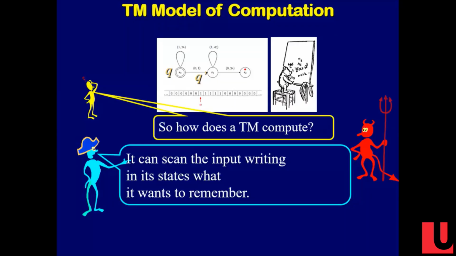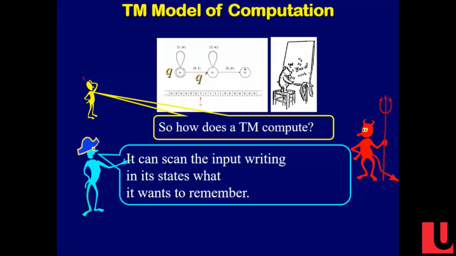You scan the input, and you learn things, and you write what you learn into your states. Just like we were doing. We read in the X, we read in the Y. Now we store it in our states. That's what's written on Pooh Bear's blackboard. That's the first thing we do: we read part of the input and we store it in our states. We store what we want to remember.